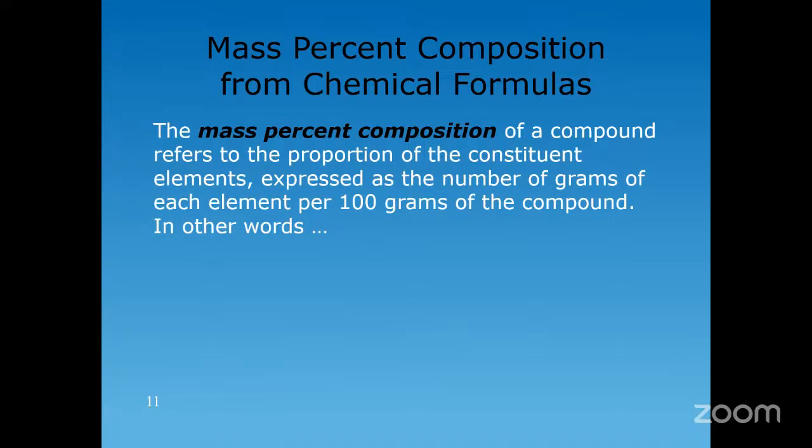So usually when we're talking about the percent composition of a substance, we're referring to the mass percentage composition, right? And it's very simple. Basically, you take the mass of the particular element and divide it by the mass of the entire compound, multiply by 100%, and that represents the percentage of that element in that compound, right?